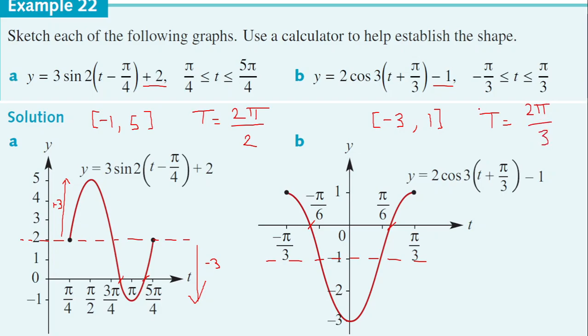So remember, a period is a full cycle. If I start at this point, and because it goes across 2 pi over 3, I do a full cycle going downwards to the minimum and back to the same point, and that distance from here to there is a full cycle, or 2 pi on 3.